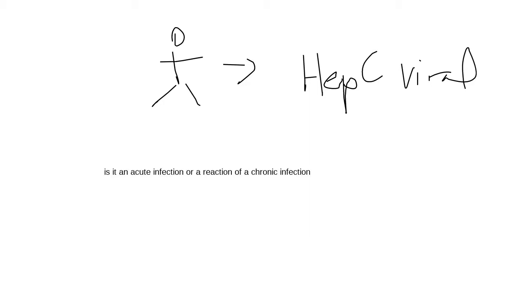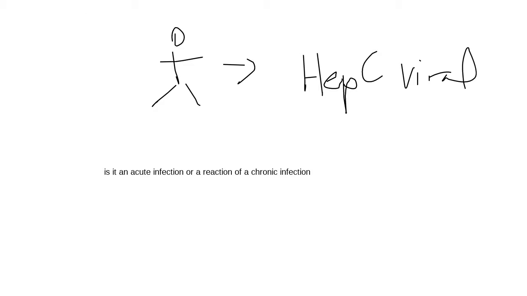Okay. So you've got to find out, is this a person who has recently contracted the Hep C, or is this a person who has had Hep C viral infection and maybe is ingesting some kind of toxin, aflatoxin, that causes the virus to reactivate? You don't know, right? So what do you do? How do you differentiate this?